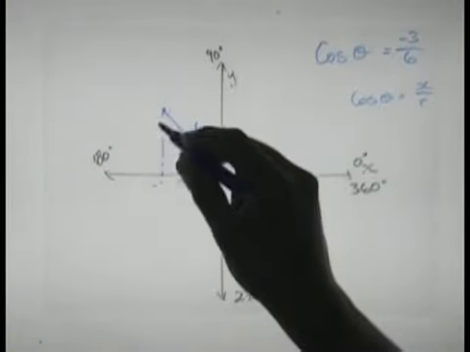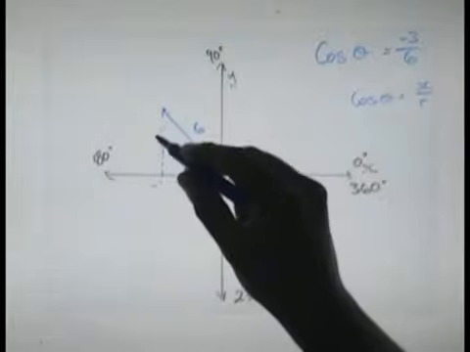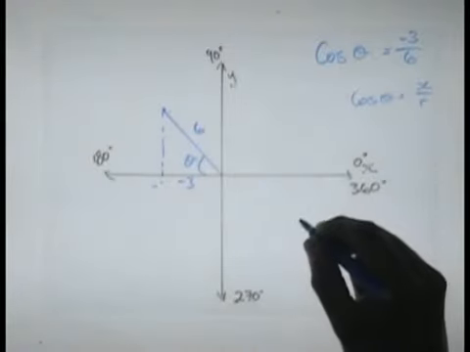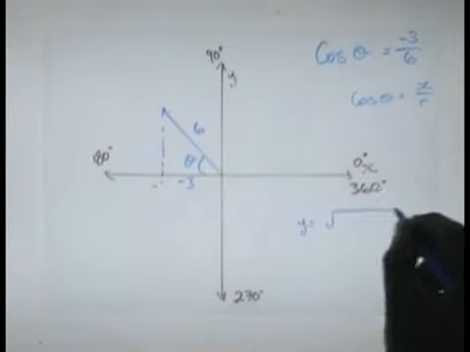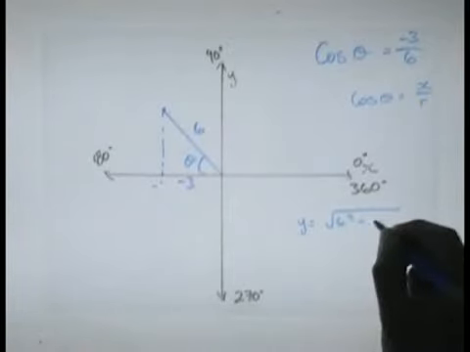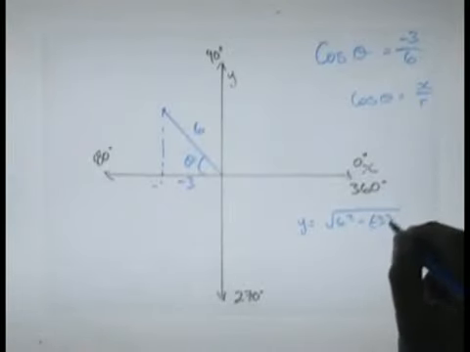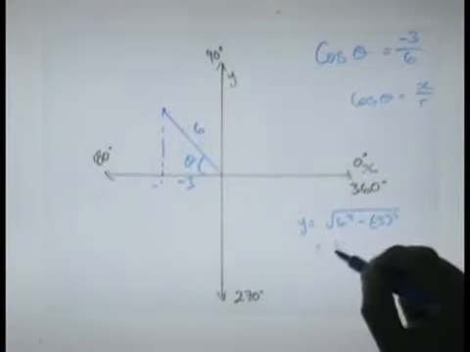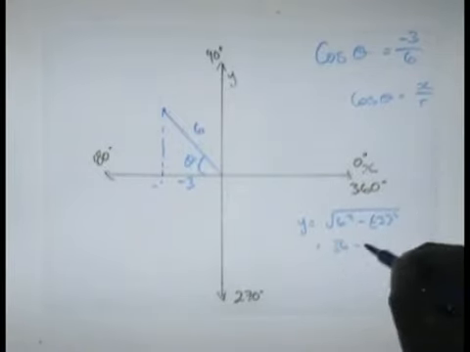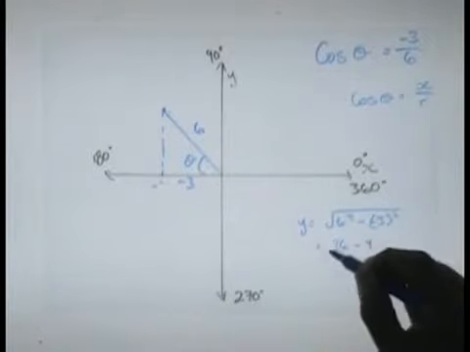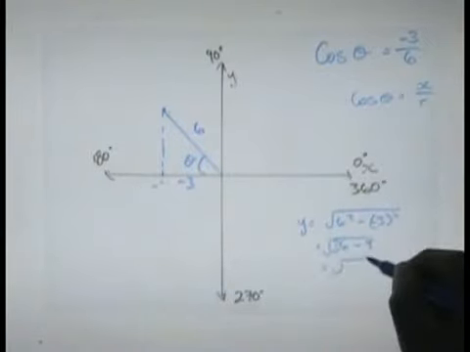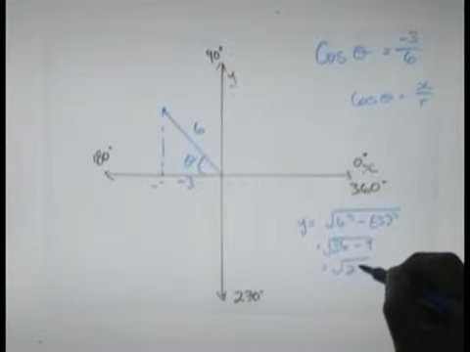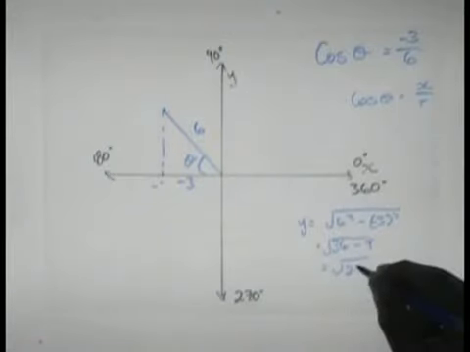To get the distance of y, if we need to, we're going to say y is equal to the square root of 6 squared minus negative 3 squared, which is equal to the square root of 36 minus 9, which is equal to the square root of 27.